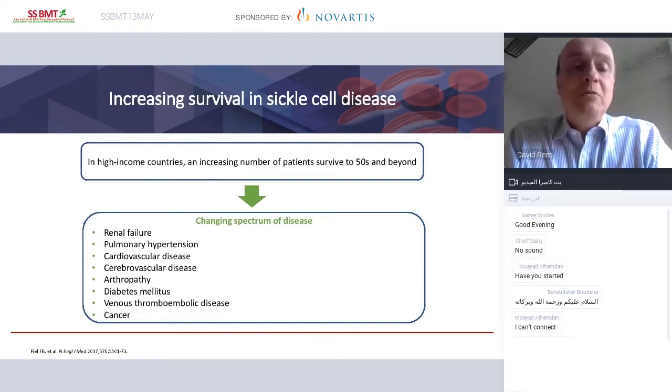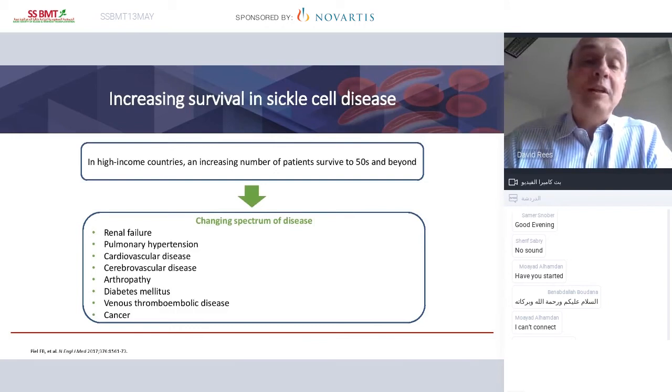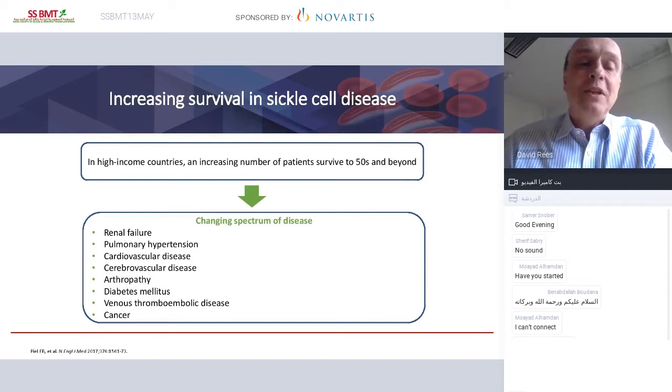So complications like renal failure, pulmonary hypertension, cardiovascular disease, cerebrovascular disease, arthropathy, not so much acute pain but chronic joint damage, diabetes mellitus is increasingly common, and venous thromboembolic disease is increasingly recognized. And cancer does seem to be increased in people with sickle cell disease to some extent, although overall it is a fairly small risk factor, but that pattern is starting to emerge.